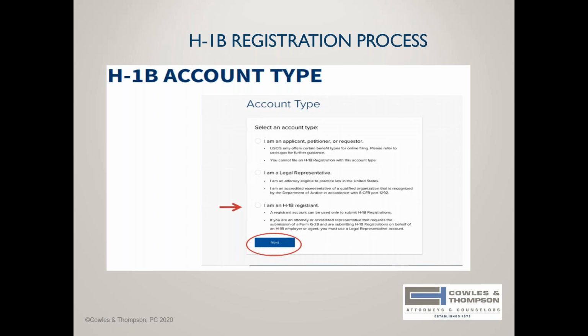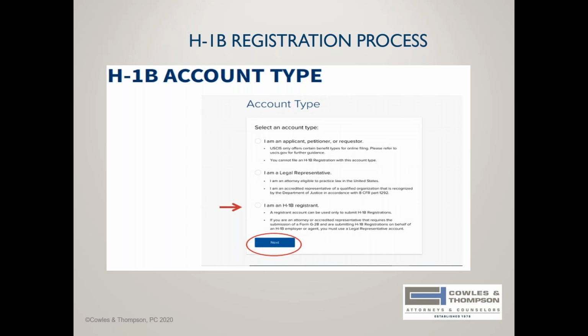This doesn't mean the beneficiary. This is always employers. Remember, H-1B visas are employer based on employment, so it's not like an individual who's going to be sponsored can go in and register. That's not how it works. It always has to be the employer. The prospective petitioners are the registrants.